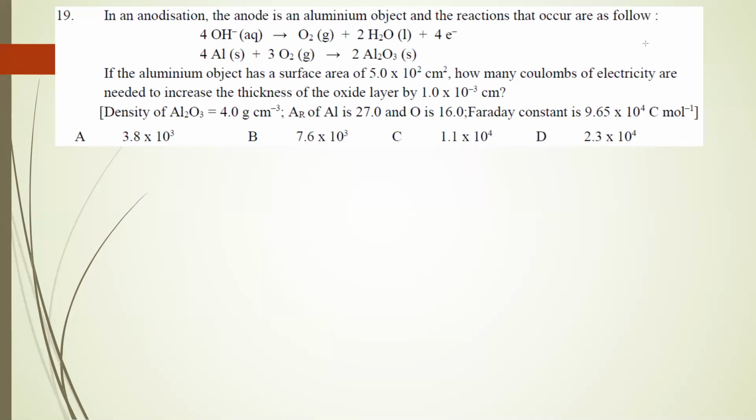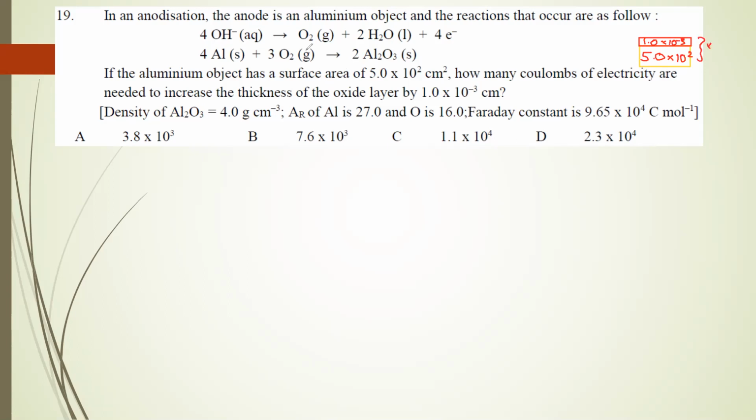Initially, the surface area is 5.0 × 10^2. Now this whole surface area is going to be increased with an oxide layer, increasing the thickness by 1.0 × 10^-3.